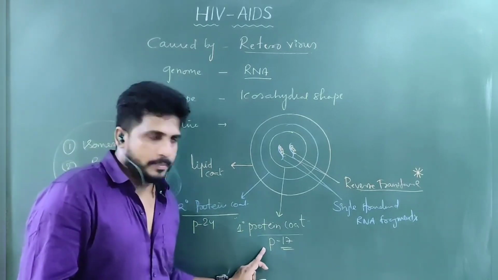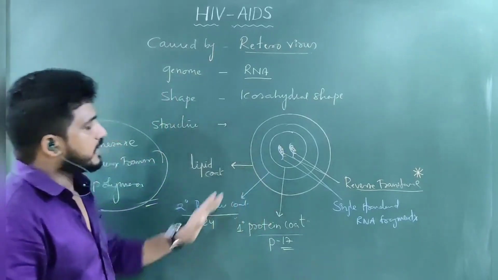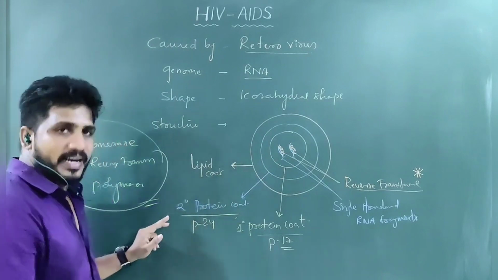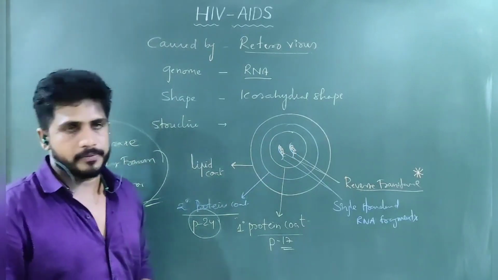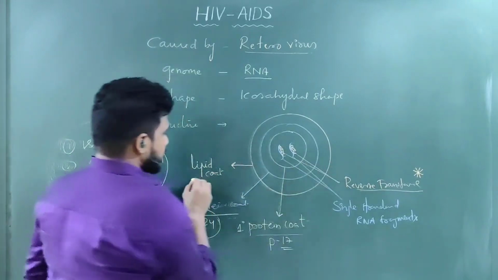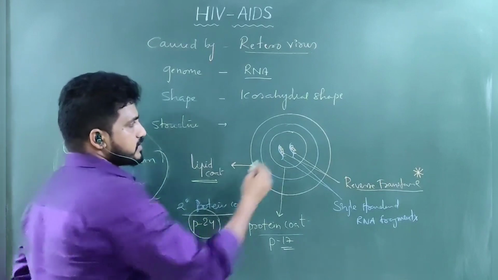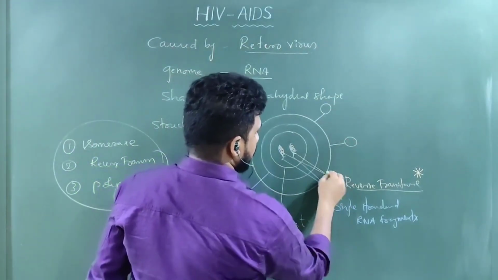P17 is the primary coat, which is around the single-stranded RNA, and the single-stranded RNA plus P17 together are covered by another coat, the secondary protein coat, P24. Now the third coat is absolutely lipid. The lipid coat consists of glycoprotein membranes or glycoprotein receptors, or ligands.